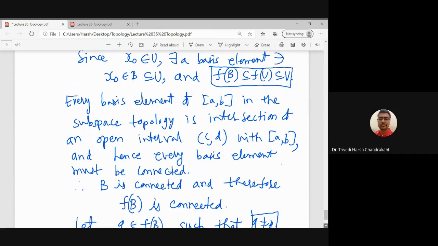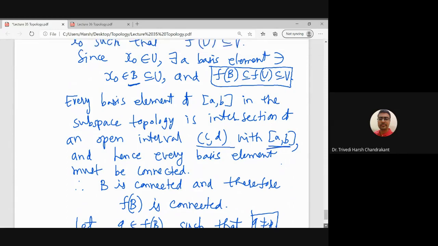So every basic open set in the closed interval AB is always connected. This gives us the conclusion that this set B is connected, because it is always the intersection of an open interval with a closed interval. So you take any intersection of an open and a closed interval, that is always an interval basically, and therefore it is connected.